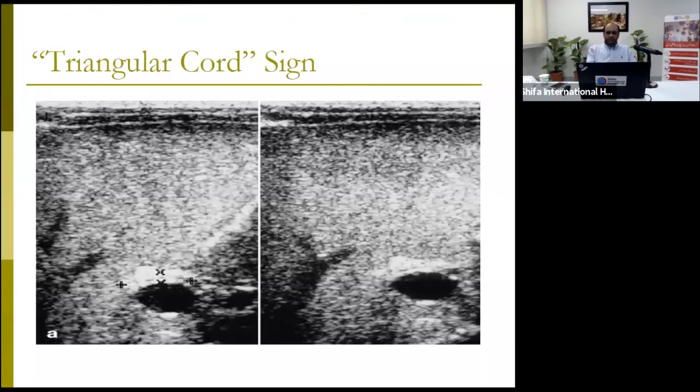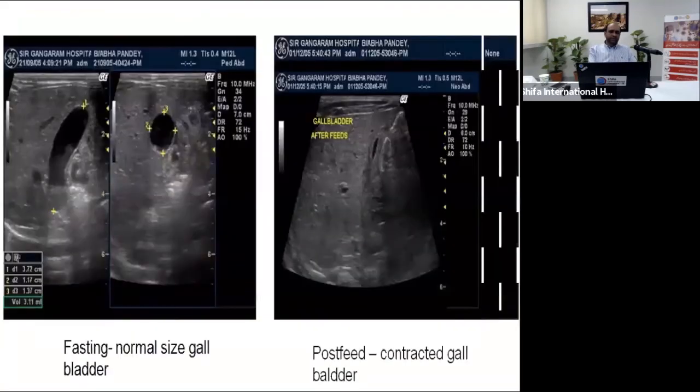It is also sensitive to diagnose. However, it is not specific, but it will help in making the final impression about the diagnosis. Here I have just put this photograph. If you see, this is the normal gallbladder, and this is the abnormal post-feed contracted gallbladder.